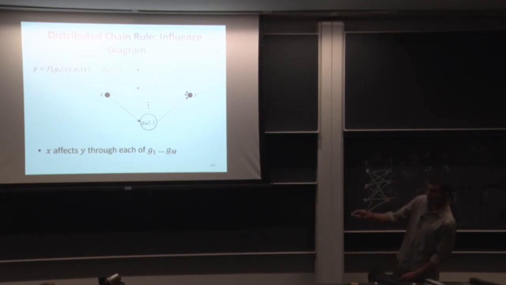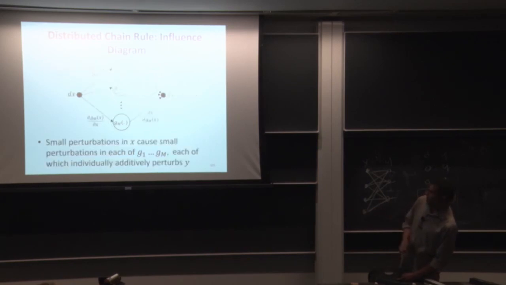This is the correct way to look at it. A change of x affects every one of these guys. A change in any of these guys is going to affect y. So when I think of how much a small change in x affects y, a small change in x results in a small change in g1, which results in a small change in y.